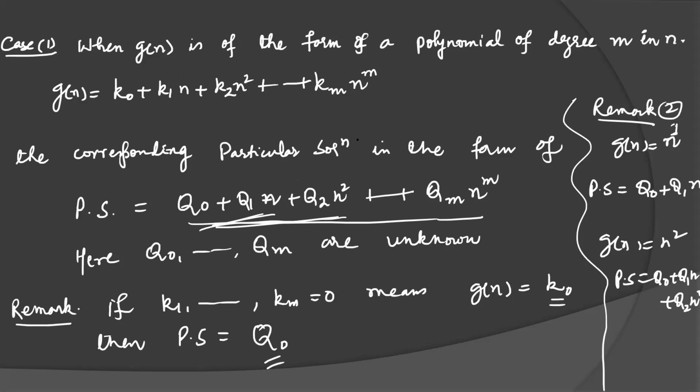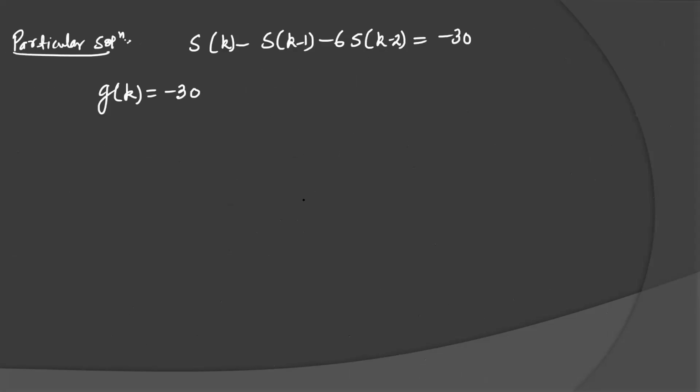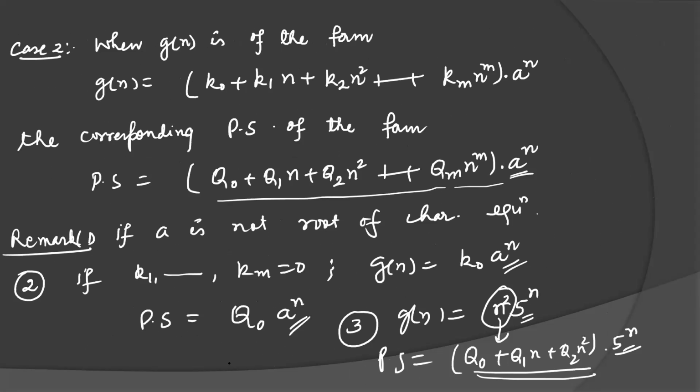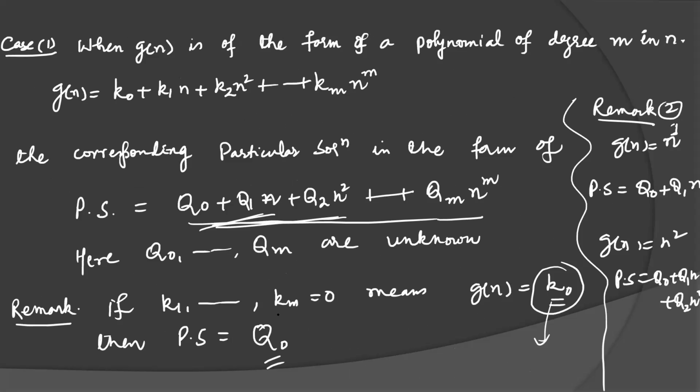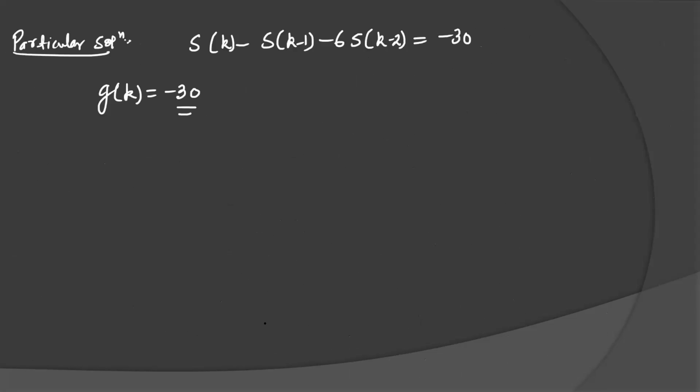And it is a constant value. Like the remark of case 1, K naught is given as minus 30. In the case of a constant value, using case 1, we can write the particular solution as q naught. Let the particular solution be q naught, because this is a constant value, so the particular solution will be constant only.